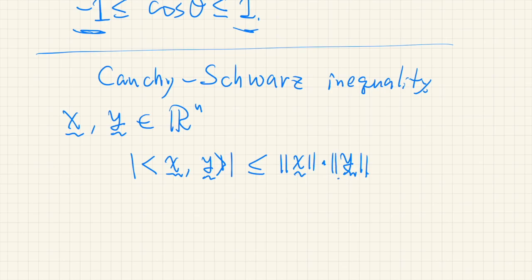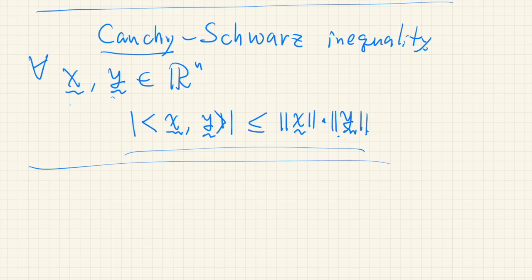Okay, so this inequality is called the Cauchy-Schwarz inequality. By the way, it's Cauchy, it's a French name. So for all x and y, we have this. So let's prove this.